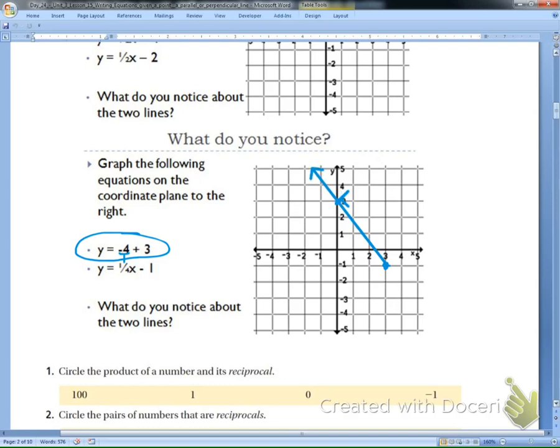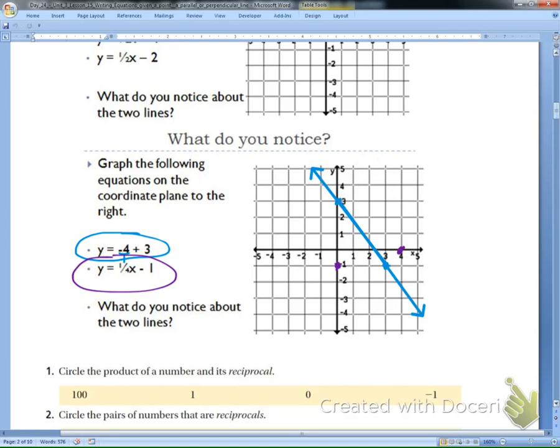Oops. Try that again. Alright, and I'm going to graph the second line in purple here. So go to my y-intercept of -1. I go up 1 over 4.